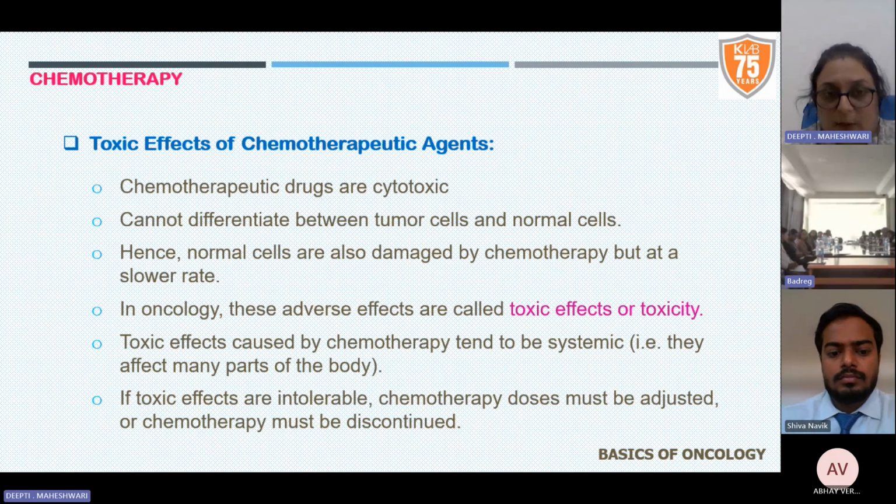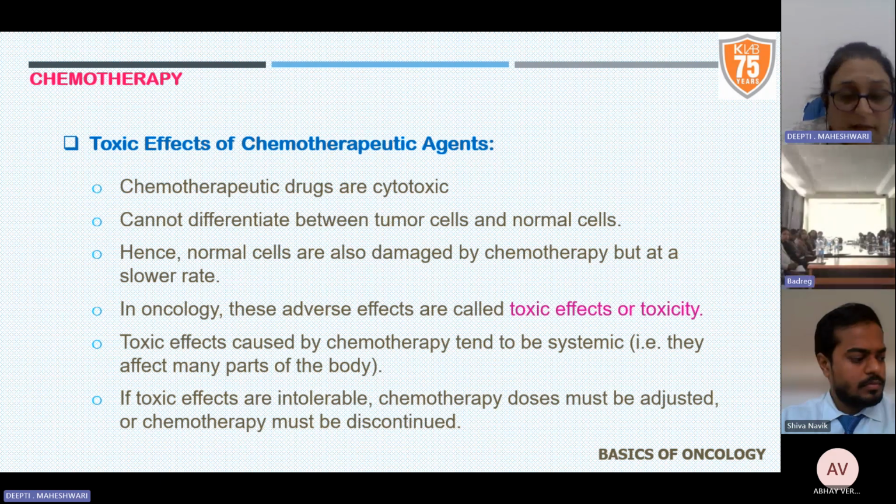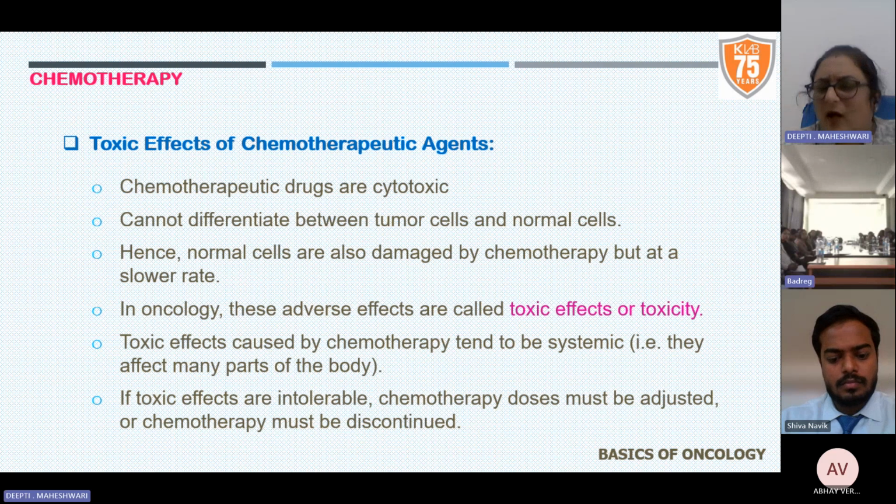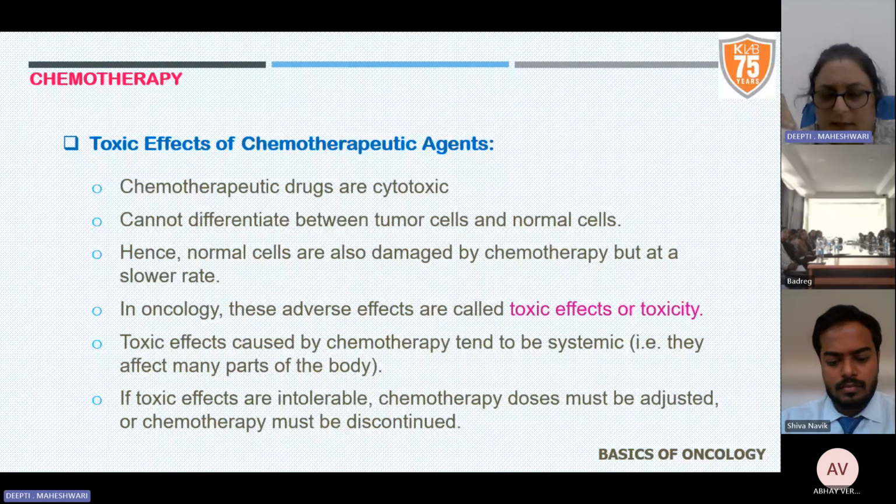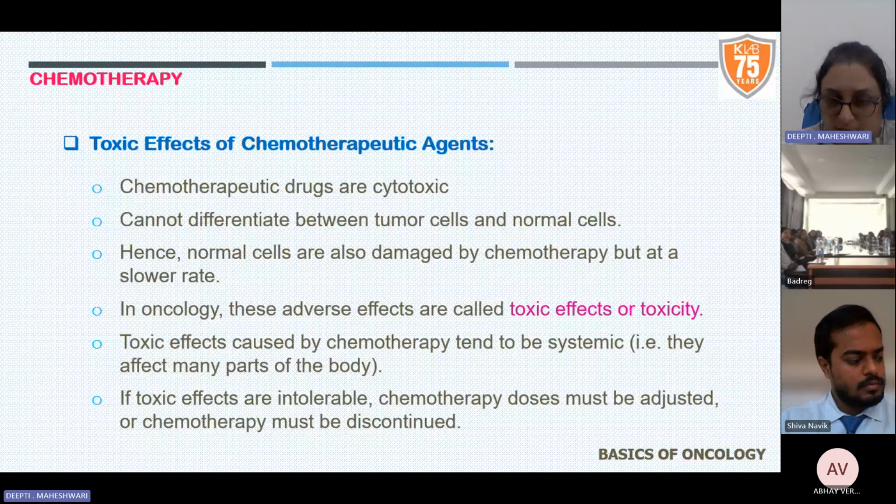You have given a chemotherapeutic agent or multiple agents, you see some toxic effect, then you don't give the chemotherapy. You give a gap between two chemotherapies so that the patient can come back to normal, and the patient's blood counts and the other parameters can come back to normal, and then you start giving chemotherapy.